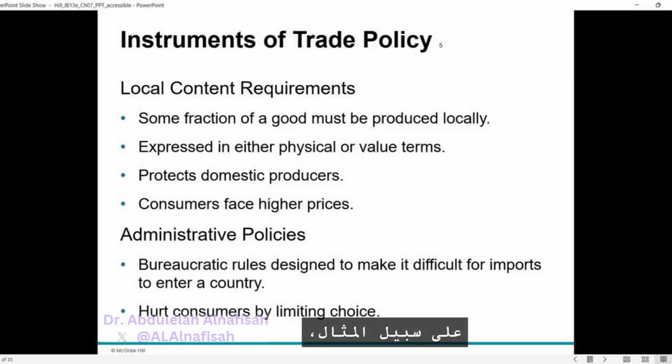For instance, the U.S. Buy America Act requires that 51% of the value of products purchased by government agencies be domestically sourced. LCRs function similarly to import quotas by protecting domestic producers, but result in higher prices for consumers due to restricted foreign competition.